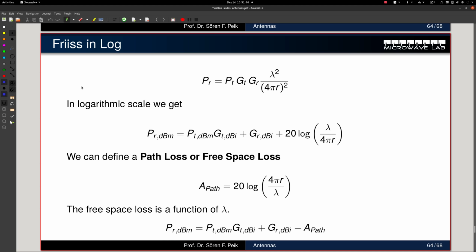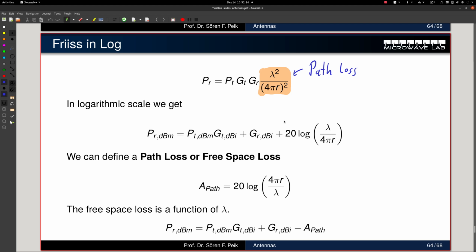Often this part here, which is related to the distance of the antennas, is called the so-called path loss, as this factor here makes the number very small.